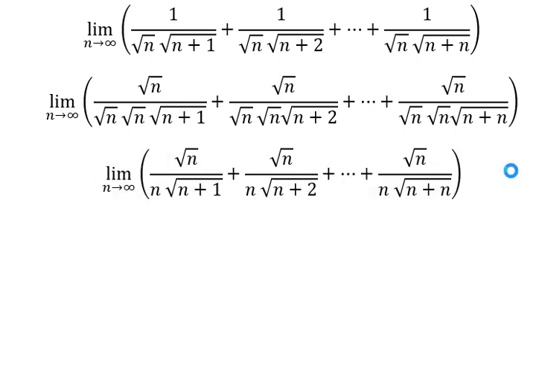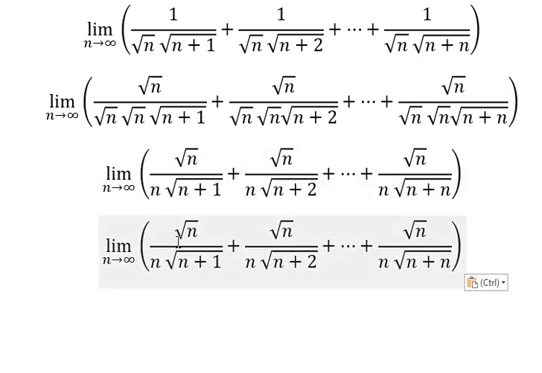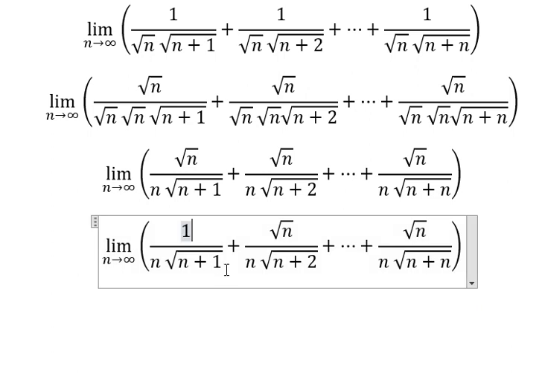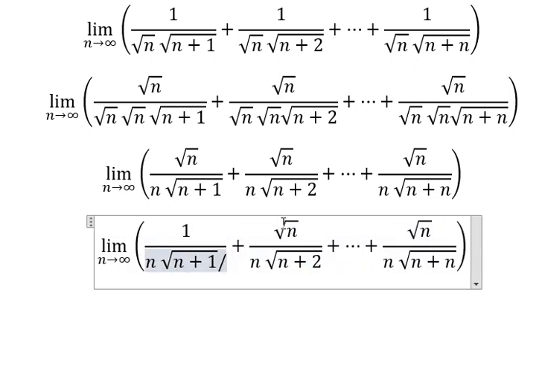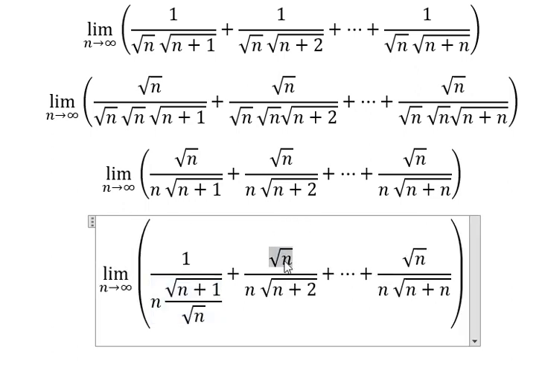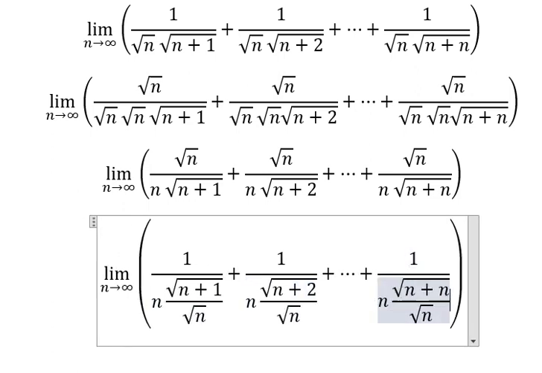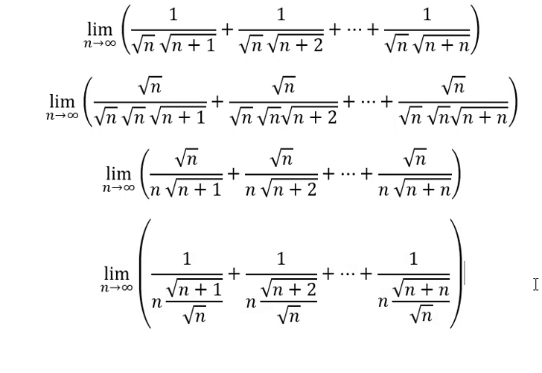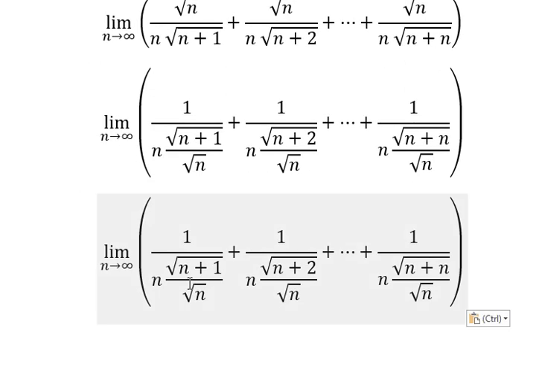Next, we divide by the square root of n. So we have it like this. Next, the square root of n goes inside the square root in here.